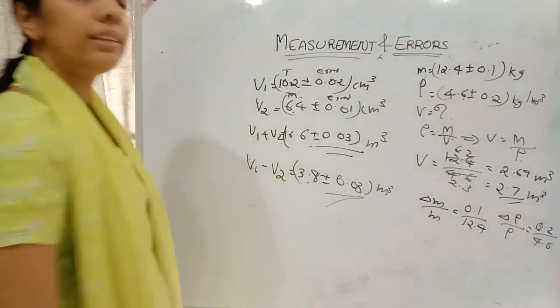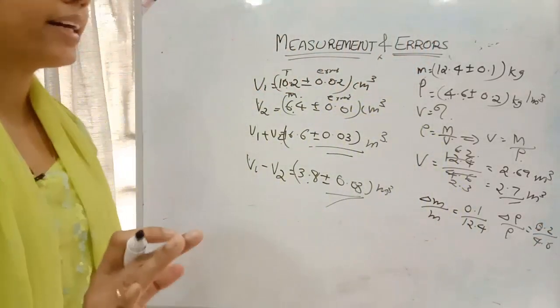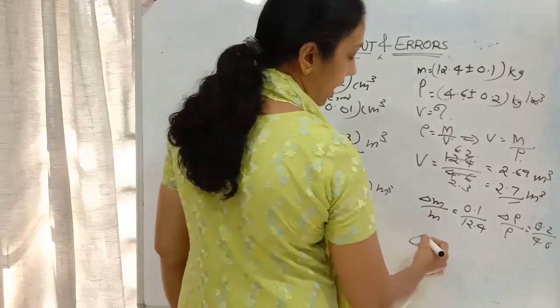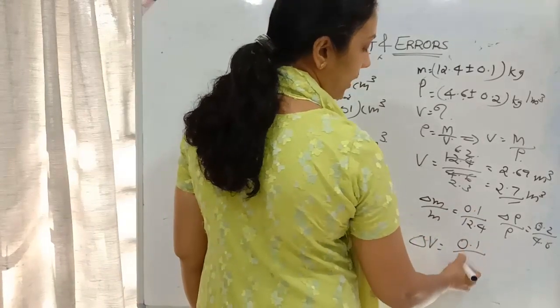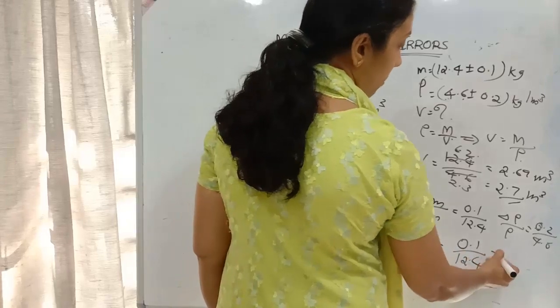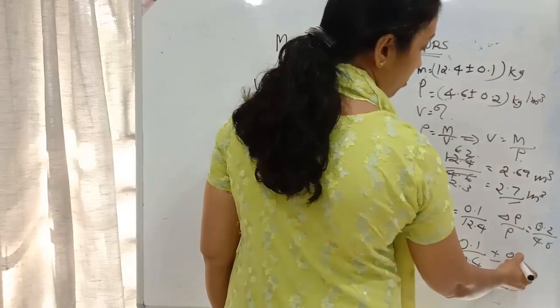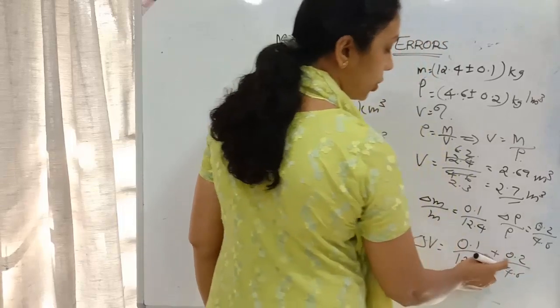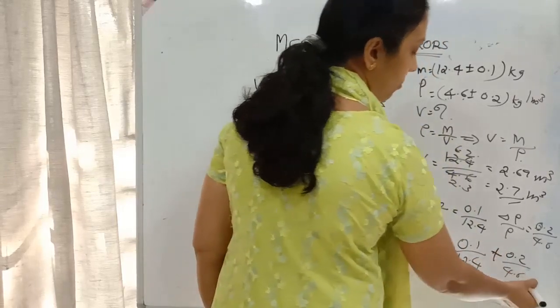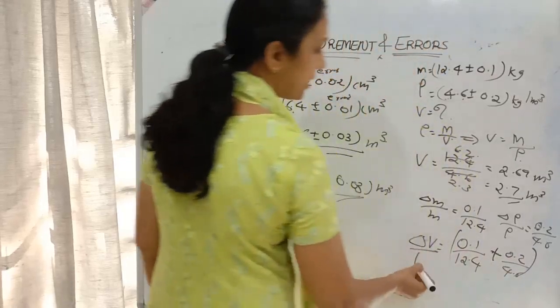Then these errors should be added up to get the total error in V, that is delta V by V equals 0.1 divided by 12.4 plus 0.2 divided by 4.6. Errors should be added up, so here it is positive. This is delta V by V.